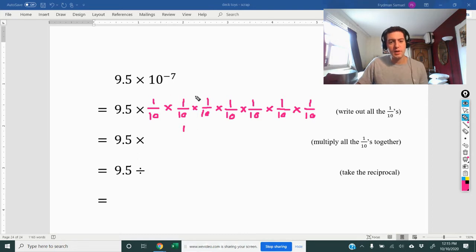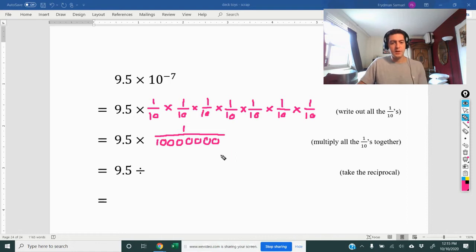If we do 1 times 1 times 1 times 1 times 1 times 1 times 1, then in the numerator, we would just get 1, right? And in the denominator, we're doing 10 times 10 times 10 times 10 times 10 times 10 times 10. So we would get a 1 with 7 zeros after it.